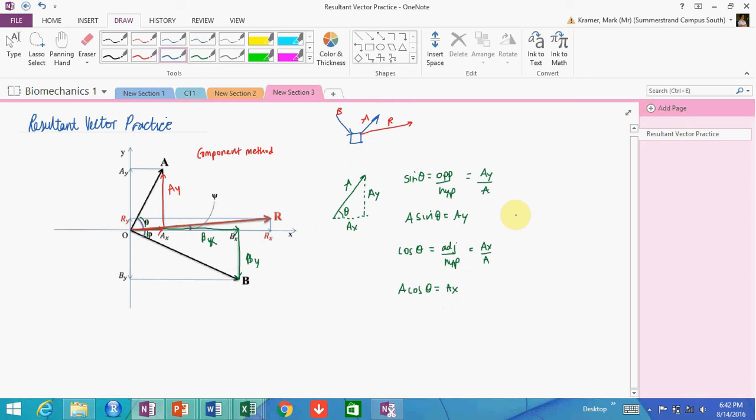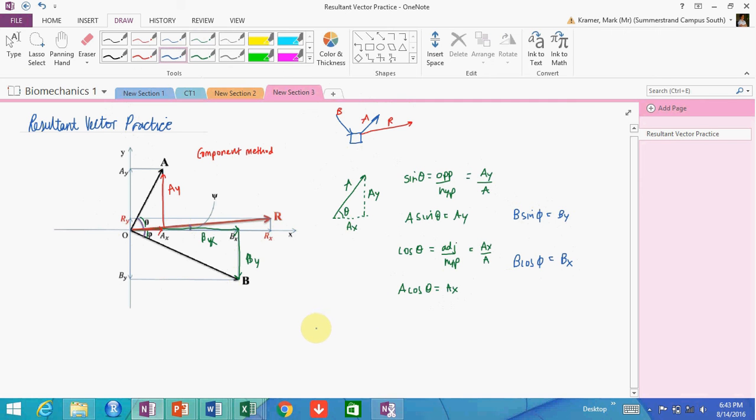The B vector would also be classified as B sine of its angle, which in this case might be something else, let's say phi, giving the y component, and B times the cosine of its angle would give me the BX component. The same trend tends to follow through all the time.